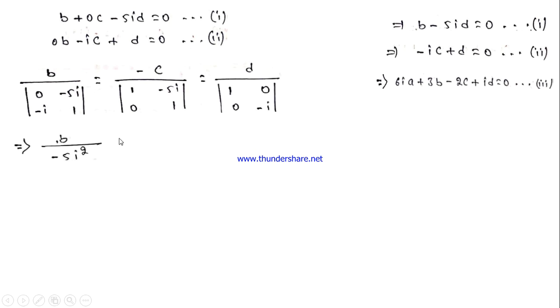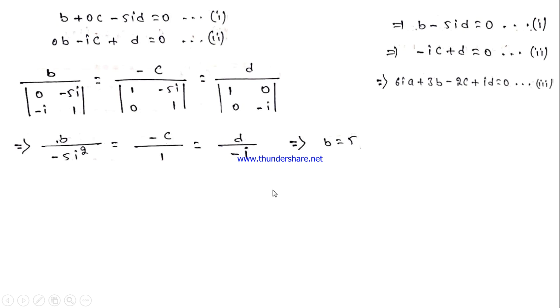So now on evaluating this, it is 0 minus, plus, minus 5i square, minus c divided by 1, which is equal to d divided by minus i, and I told you people already it should be equal to just 1. So our answer is b equal to 5i square, minus i square becomes plus 1.